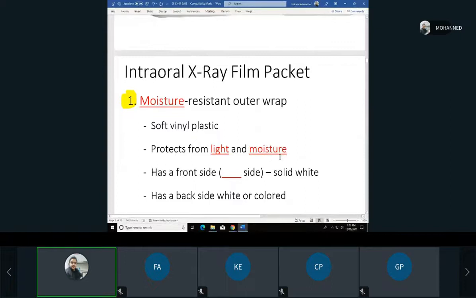Because that's the main problem with regular films. If it's exposed to light, then that's it, right? So this is one layer of light protection.